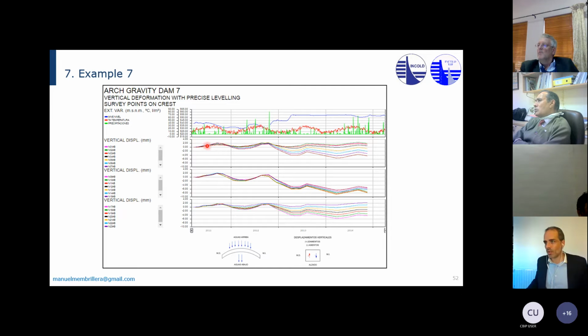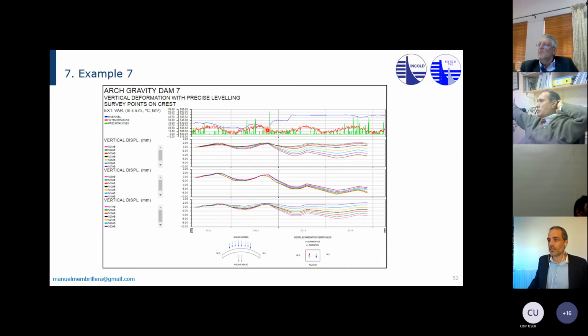You can see that it's swelling a little bit in the summertime, then there's volume contraction in the wintertime, and the leveling at the crest is really capturing that. So it's up to 2 and 3 millimeters.